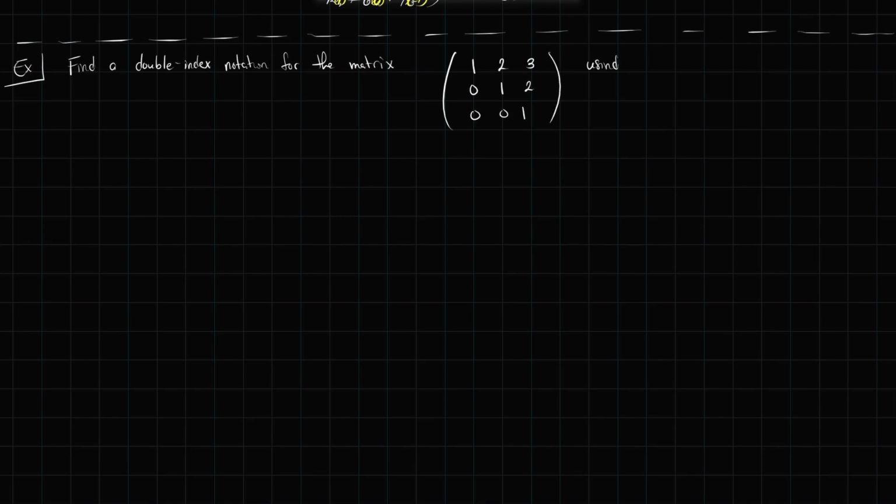So the following exercise is that we're going to find a double index notation for the matrix 1, 2, 3, 0, 1, 2, 0, 0, 1 using delta i,j and shifts of delta i,j.